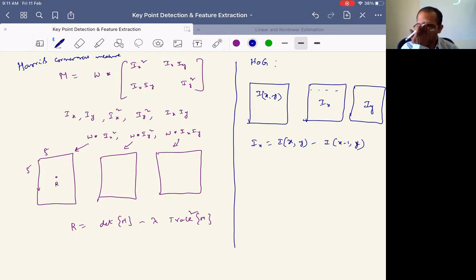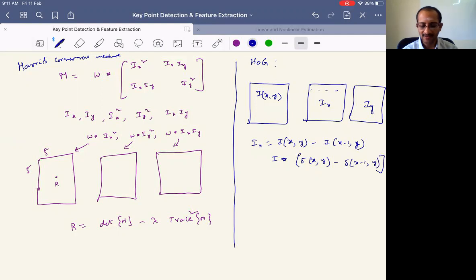This is equivalent to convolving with what filter or kernel? Can anybody tell? It is delta of x comma y minus delta of x minus 1 comma y.